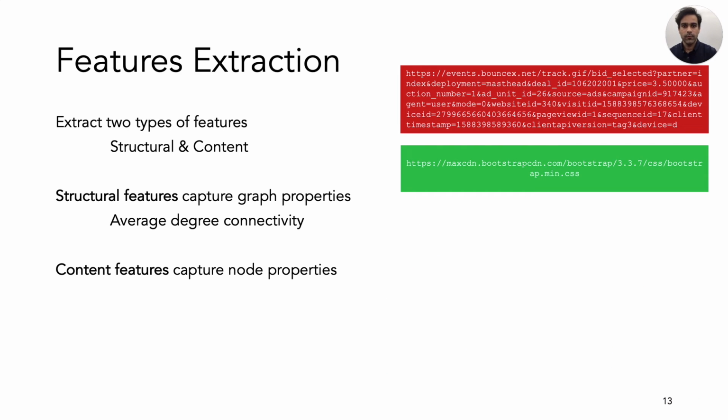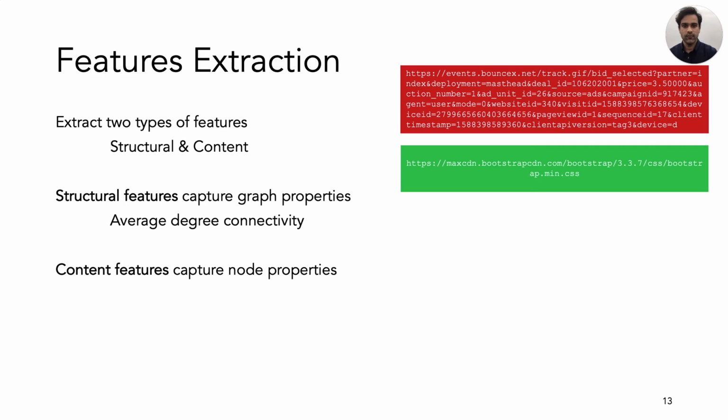The second type of features extracted from the graph representation are content features. These features capture the node properties, such as the length of the URL or ad and tracking related keywords in the URL. To demonstrate how node properties for ads and trackers differ from functional content, we show an ad and tracking URL in the red box and a functional URL in the green box. Both of these URLs are from CNN.